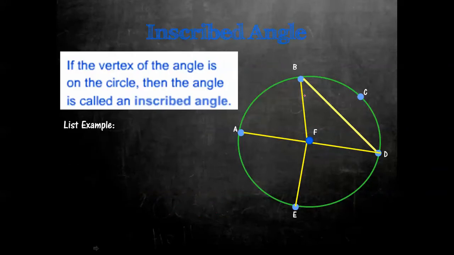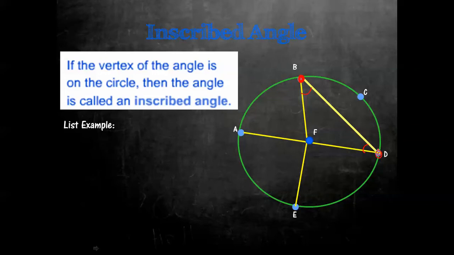An inscribed angle is if the vertex of the angle is on the circle itself. Remember the vertex is where the two lines come together. So if we look up here, here's where we have an angle and the vertex is on the circle.